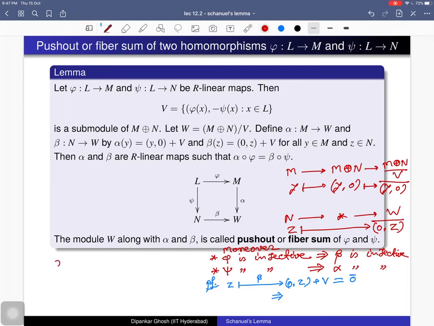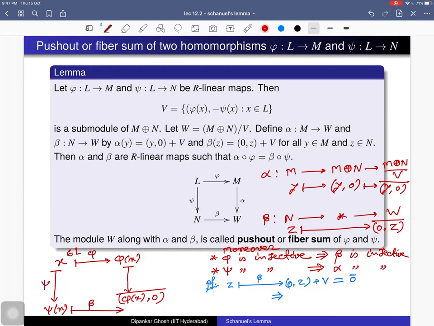Consider an element x in L. If you apply phi, it is phi of x, and then if you apply alpha, it is phi of x comma 0, its equivalence class. And if we use this other path, first psi, it is psi of x, and then the horizontal map beta, which maps z to the class of 0 comma z.